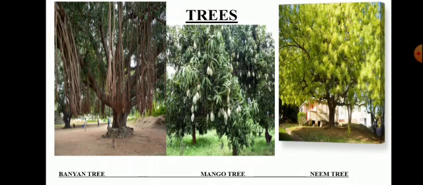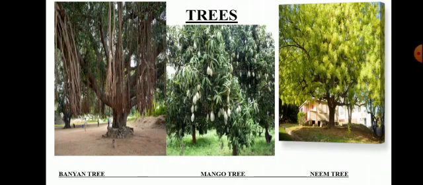The stem is called the trunk. They have a main stem or trunk from which the branches and leaves grow in the upper part, way above the ground. A few examples: banyan tree, mango tree, and also neem tree.